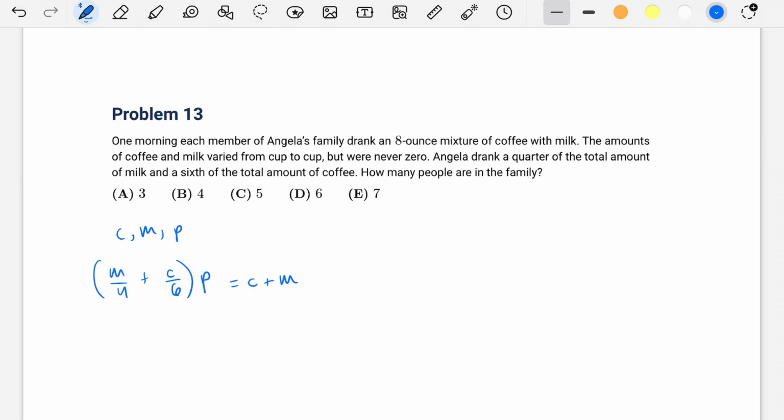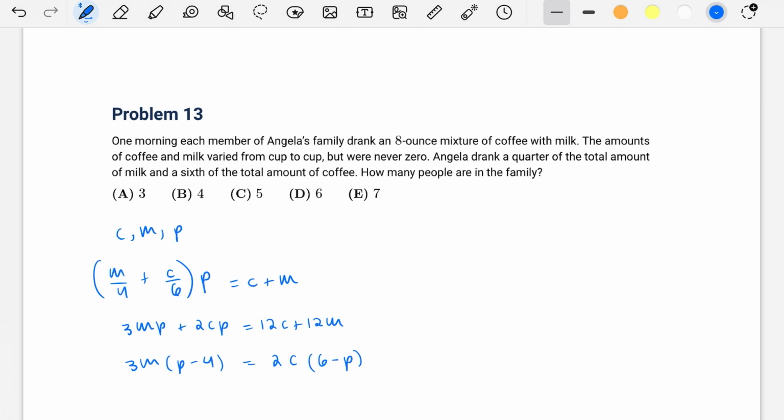So multiplying by 12 gets 3MP plus 2CP equals 12C plus 12M. And we can move all the M's to one side and all the C's to one side to get 3M times (P minus 4) equals 2C times (6 minus P).